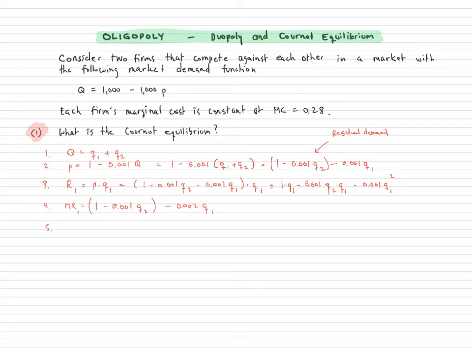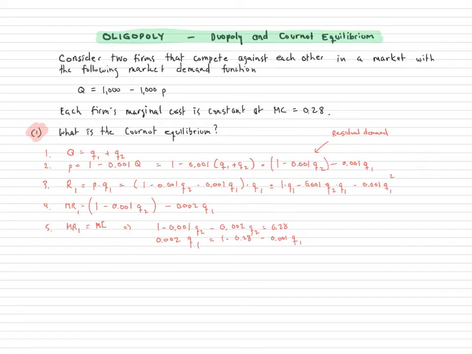I'm going to set marginal revenue equal to marginal cost, which gives us 1 minus 0.001 Q2 minus 0.002 Q1 equals 0.28. That is, 0.002 Q1 equals 1 minus 0.28 minus 0.001 Q2.